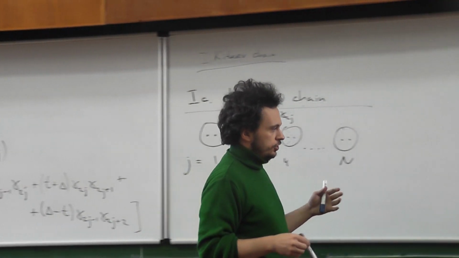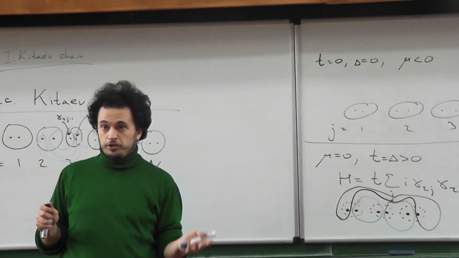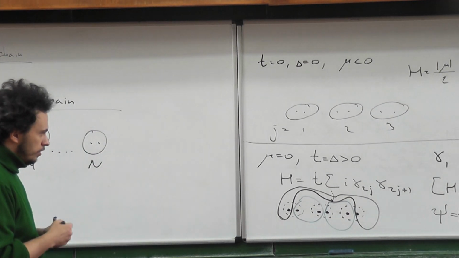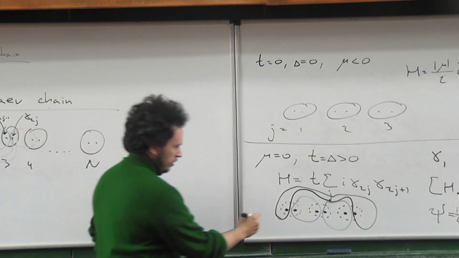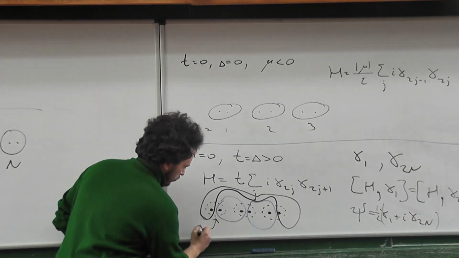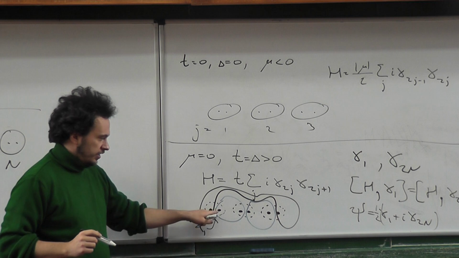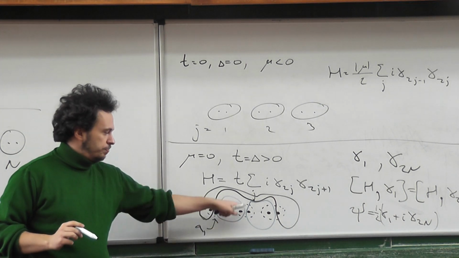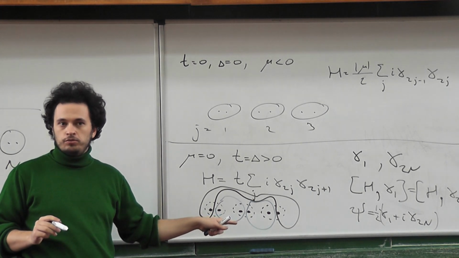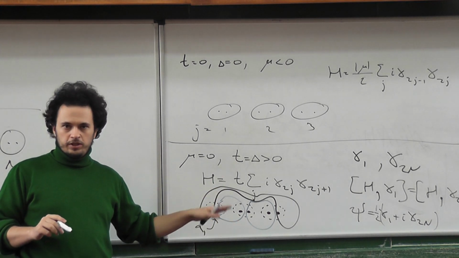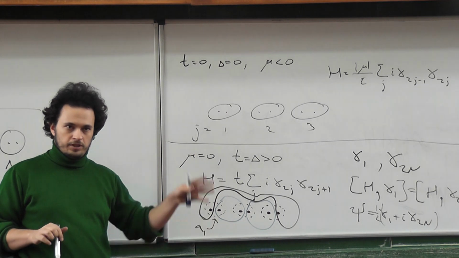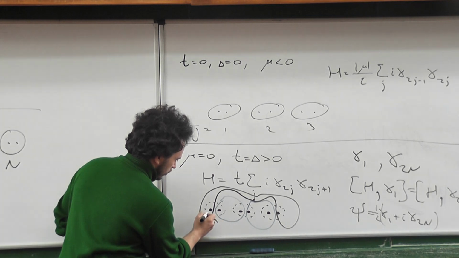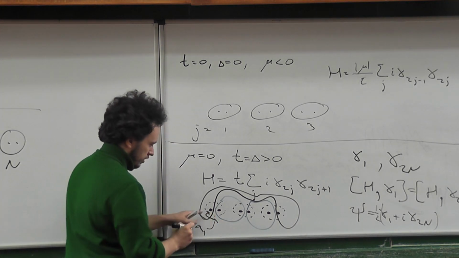And how can I change the state, whether this fermion is occupied or empty? Say, if I apply A1, it can act on this Majorana, it can put the electron in this pair, but this costs a lot of energy, so most of the time it wouldn't like to do it. It will be suppressed by the energy cost. So what it will do, it will actually put the electron here.